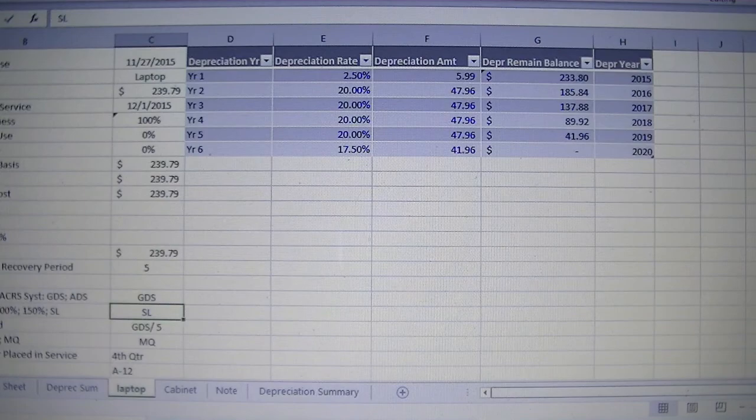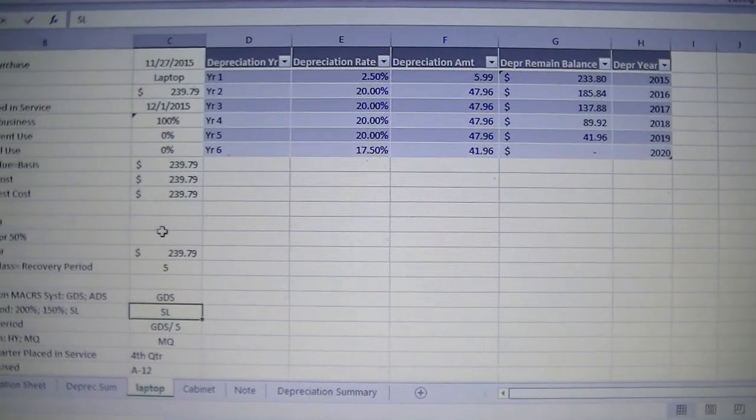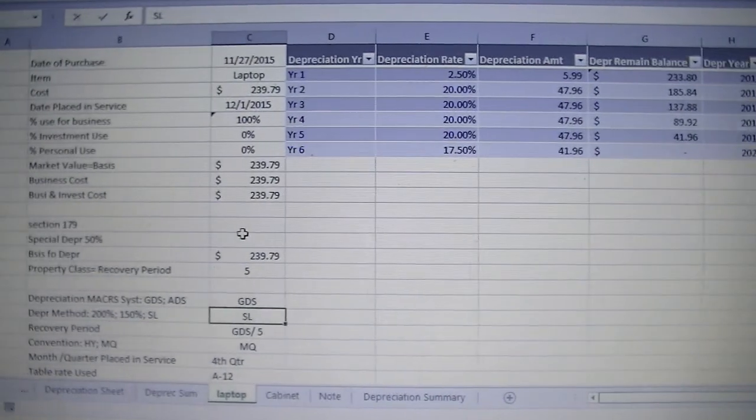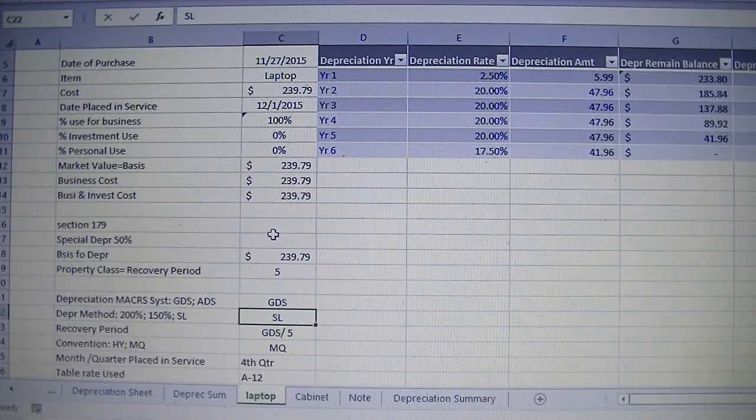So I like to take straight line, and straight line is going to be the same depreciation rates except first and last year. And I don't claim section 179, and I elect not to claim special depreciation to avoid any risk of recapture.